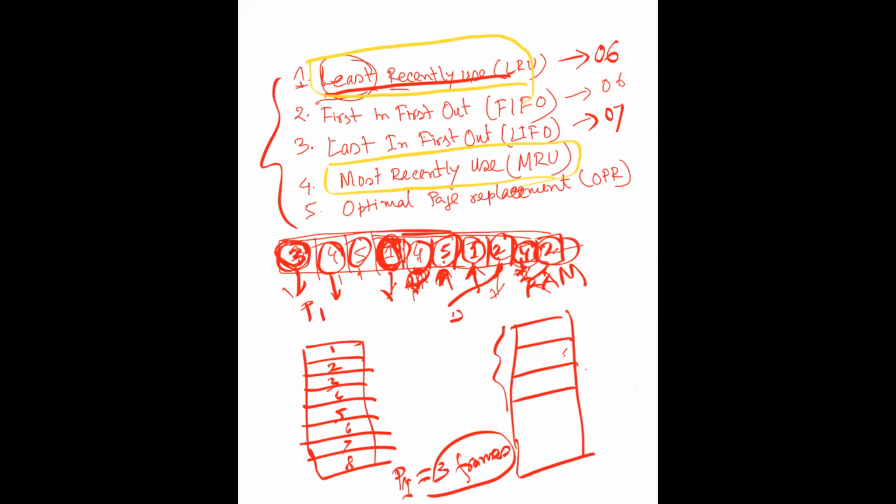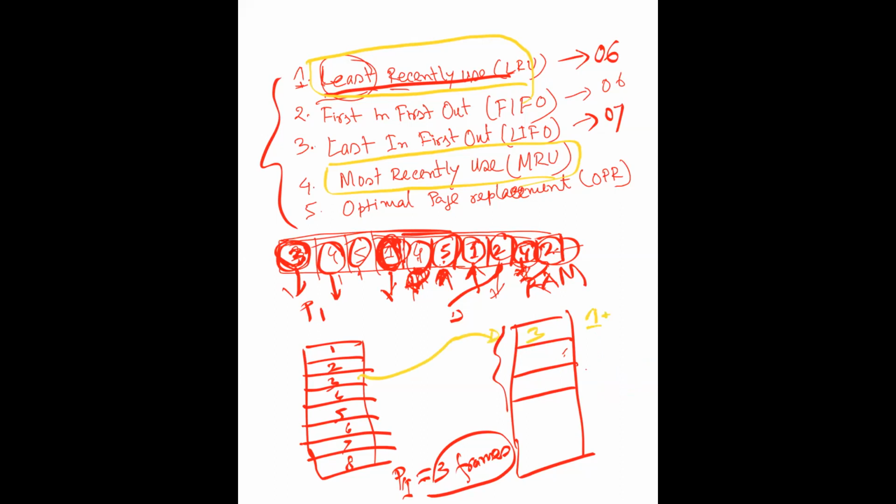Okay. Now check this. We have this sequence, and at present no page is inside the RAM because it is a demand paging system. So it asks for page 3. Page 3 is not available, so it is one page fault in here. So 1, and the OS will send page 3 in here.